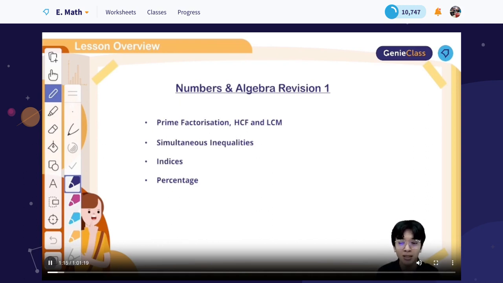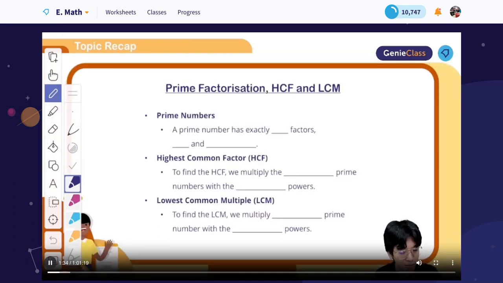Everything you learn throughout the whole Sec 1 to Sec 4 can be tested. So buckle up. This lesson should be quite easy. If you take a look, most of the questions you should be able to do. So hopefully free bubbles.